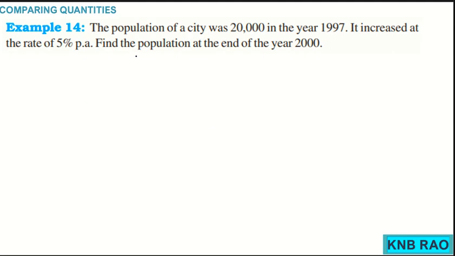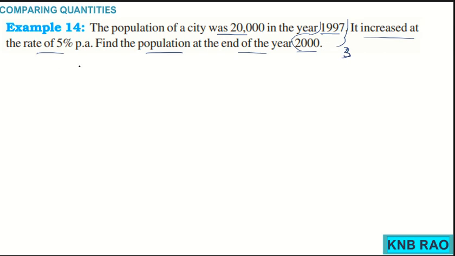In this example number 14, the population of a city was 20,000 in the year 1997. It is increased at the rate of 5% per annum. Find the population at the end of the year 2000. If you watch here, 3 years have passed from 1997 to 2000.